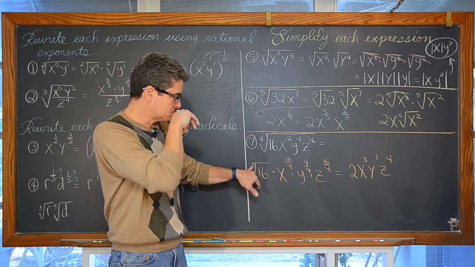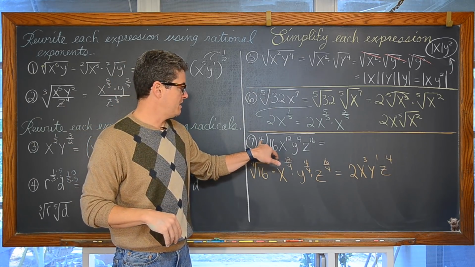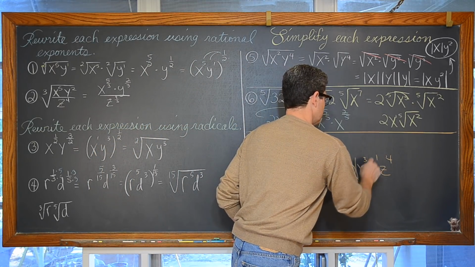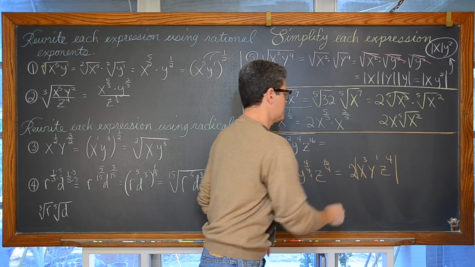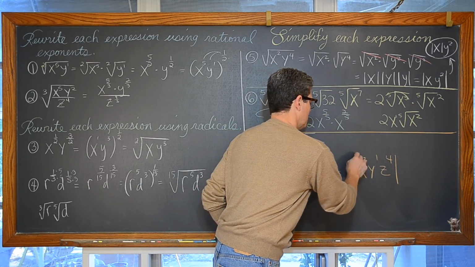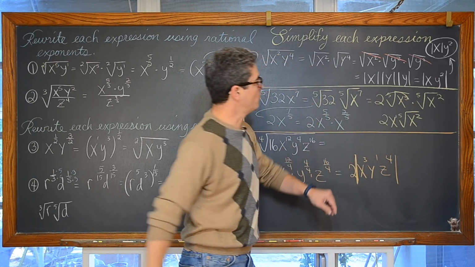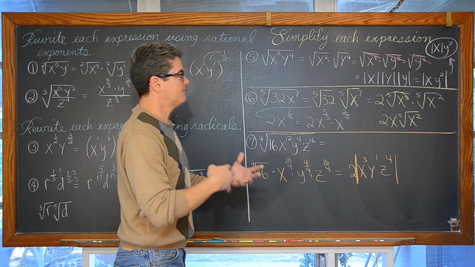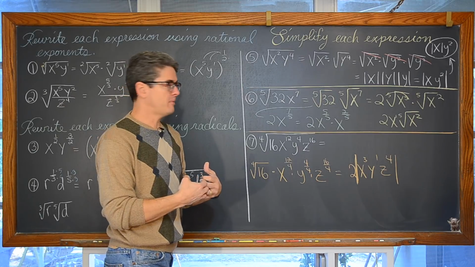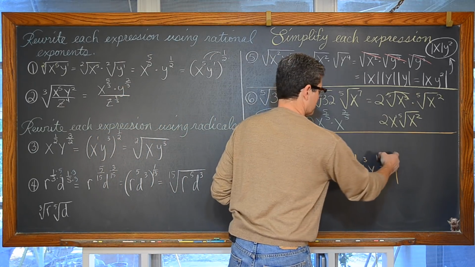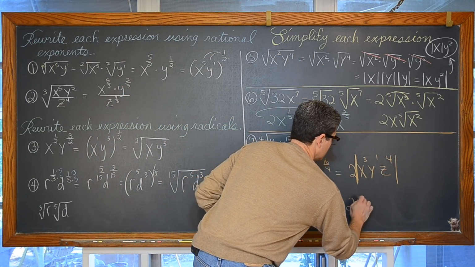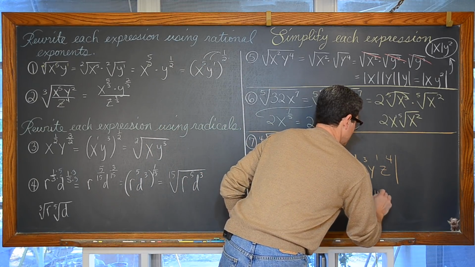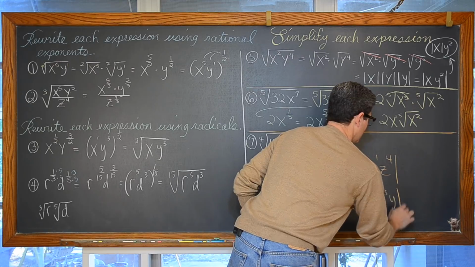So I can't take an even root of a negative number. So all of these would need to be wrapped in a set of parentheses. And when we have an even power, we're guaranteed that that expression would be positive. So the z to the fourth does not need a set of absolute value symbols around it, but the x to the third and the y does.